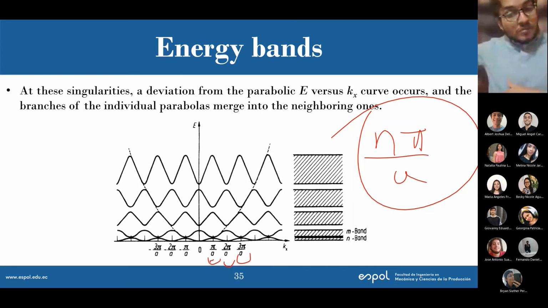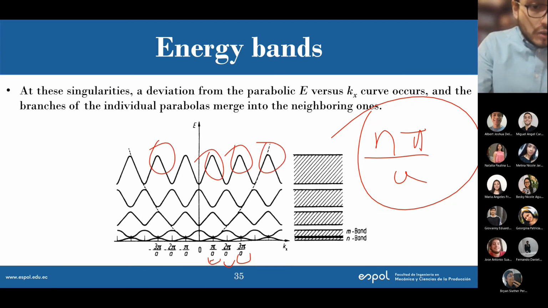the function decreases, the value of the energy decreases. But away from those values, so here, here, here, here, here, they're behaving like free electrons. Like that parabola we saw, remember?